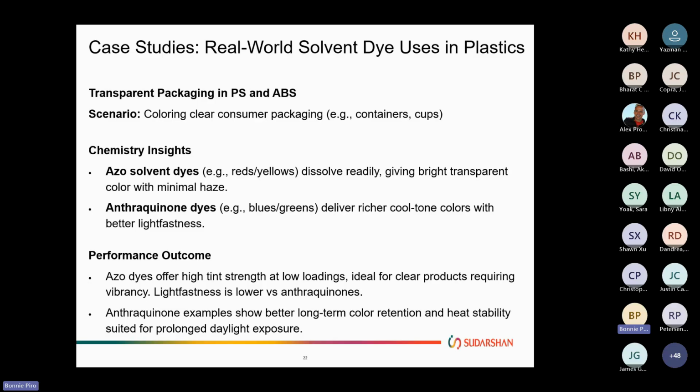But again, the temperature and UV response has to be considered when selecting an azo dye versus an anthraquinone dye. Again, based on that performance outcome, what you're looking for. So it's that balance of properties and chemistry to be able to make sure that you select the appropriate dye for the actual end product.